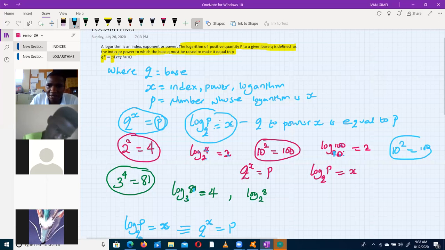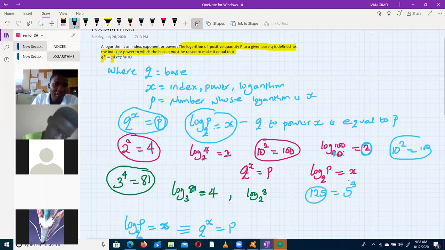Now in this case, the power here is 2. That means that 10 to the power of 2 is 100. So in this case, the logarithm is 2. You get it? If I have 125 equals 5 cubed, in this case, the logarithm of 125 to base 5 is the same as 3.